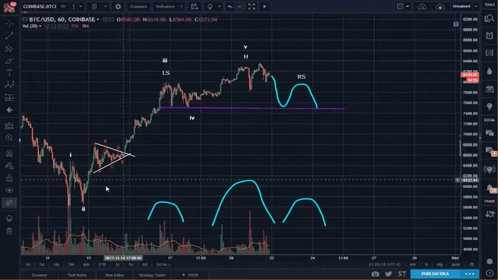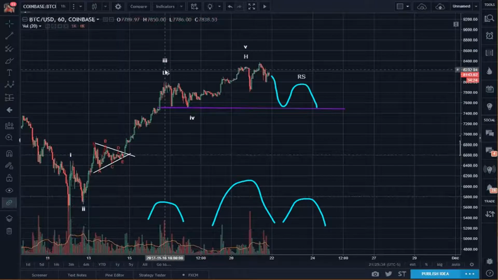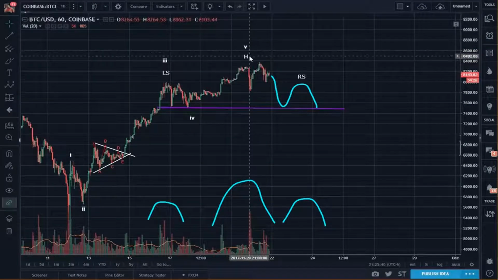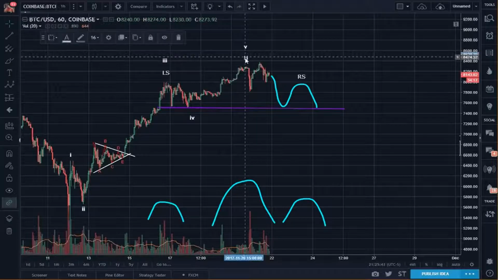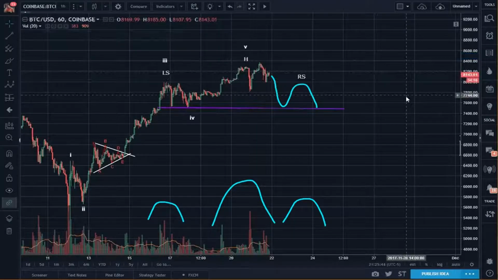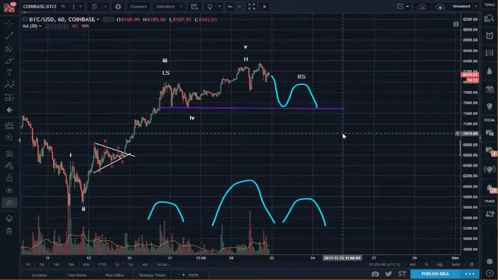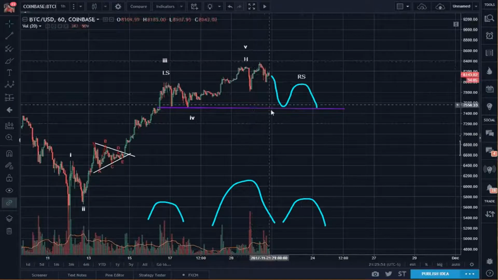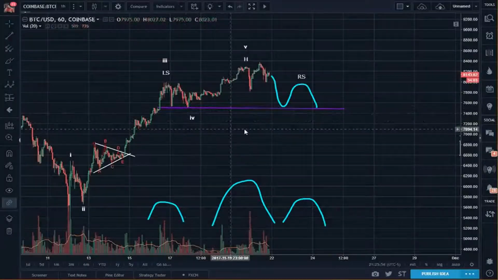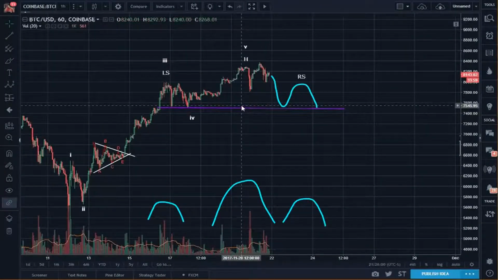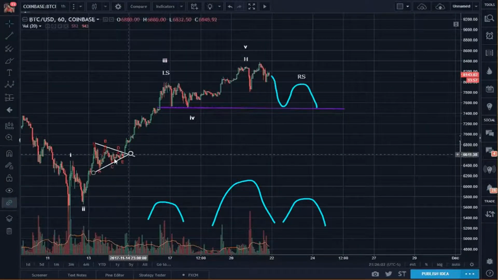So we will get 1, 2, 3, 4, 5. If that's the case, then after 5 waves, there is a requisite ABC retracement. I've always said that the ABC often retraces to 4, but in this case, if this pattern forms, the retracement will be deeper, to maybe here.